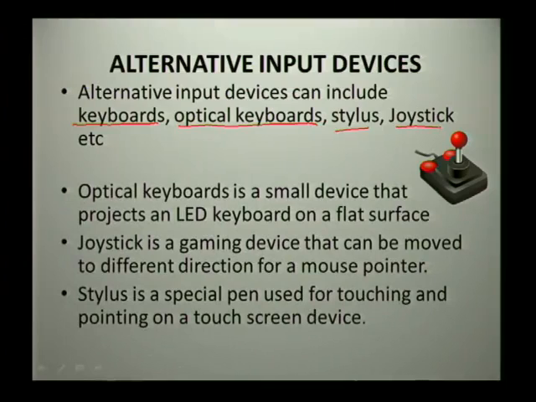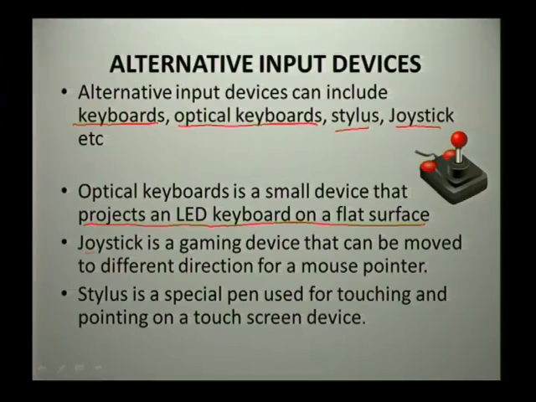Now, what makes your optical keyboard different from a normal keyboard is that it projects an LED keyboard on a flat surface. Then a joystick is actually a gaming device that can be moved in different directions.